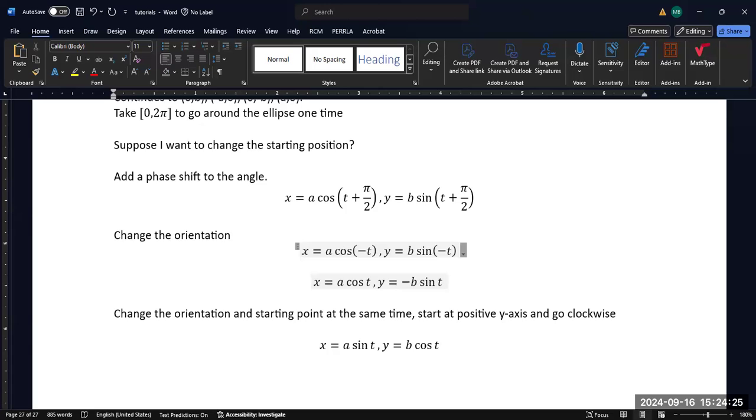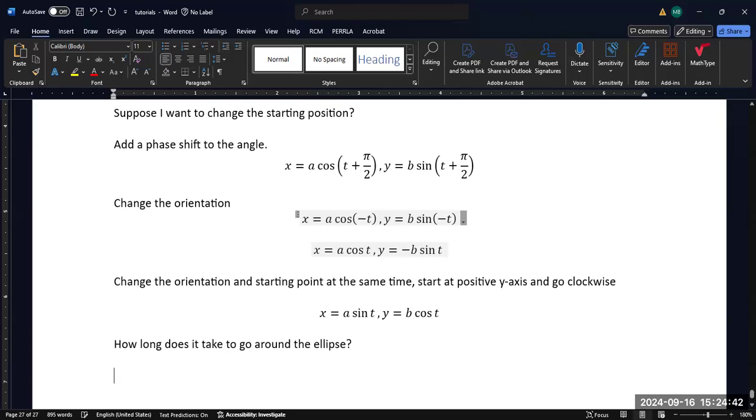Now, the last thing, we've changed the orientation, we've changed the starting point, we've changed the center. The last thing that we want to change is how long it takes to go around the ellipse. And so that's going to depend on the period of our sine and cosine functions. Typically, those are 2 pi.